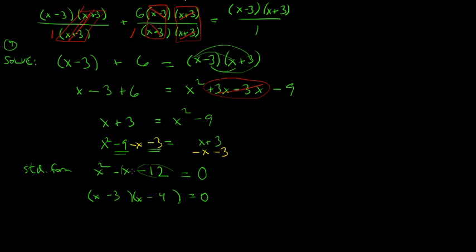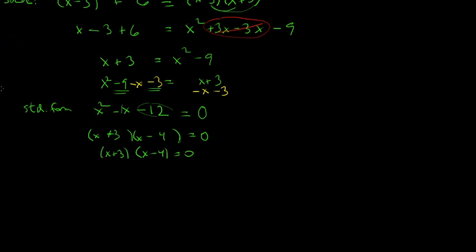But negative 3 times negative 4 would be positive 12, so one of these has to be a positive. If we want them to add to a negative 1, we make the bigger number negative. So this will be x plus 3 times x minus 4. All right, and that's a little messy, so let me clean that up a bit. X plus 3 times x minus 4 equals 0.